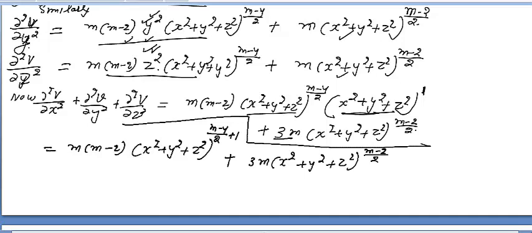Now see, when you solve this one, m minus 4 by 2 plus 1, when you take the LCM, you will get m minus 4 plus 2, you are getting m minus 2 by 2.